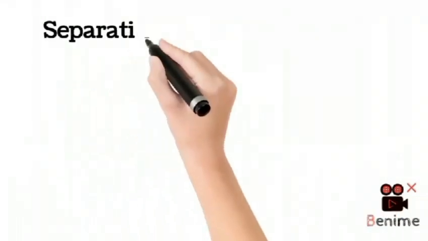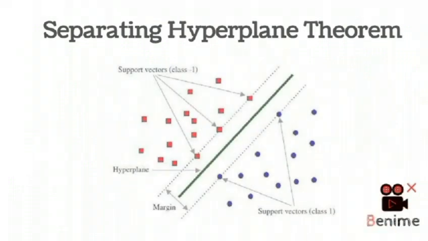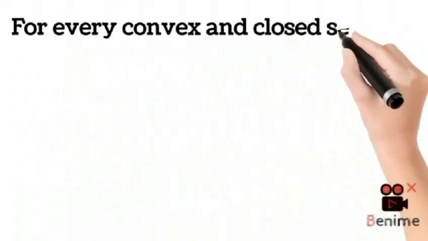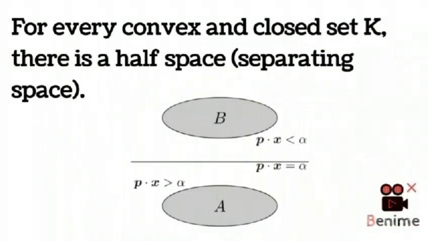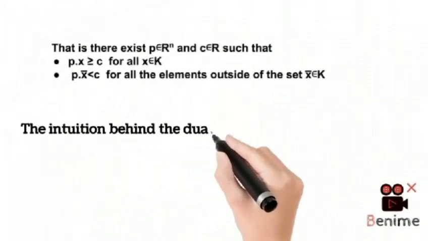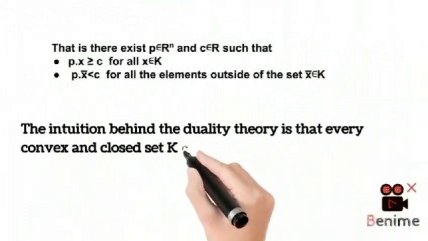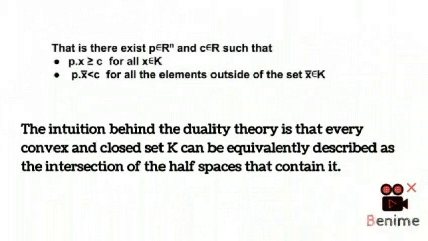Now, there is a theorem named the separating hyperplane theorem, which states that for every convex and closed set K, there is a half space or separating space. That is, there exist p belongs to R^n and c belongs to R such that p·x ≥ c for all x belongs to K, and p·x̄ < c for all the elements x̄ outside of the set K.